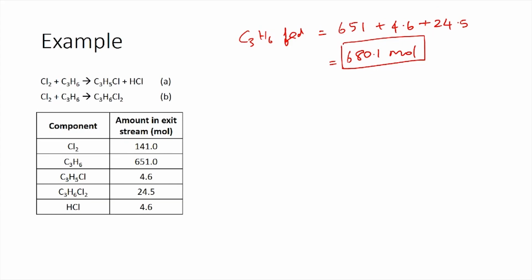Now the second part of the problem asked us to calculate which of these two reactants was in excess and which was the limiting reactant. So the limiting reactant is basically defined as the one which is given in the lower stoichiometric requirement. So for this we need to identify the molar requirement and the stoichiometric ratio compared to what was being fed.